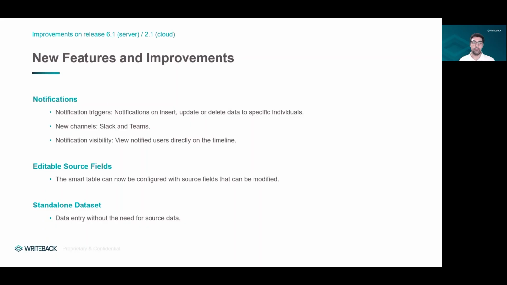You can notify people by email, and now Slack and Teams were added as a new option. Essentially, you can configure a webhook that will receive the notifications on Slack and Teams.